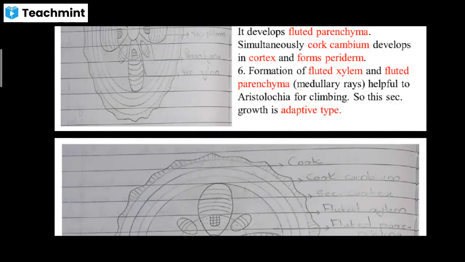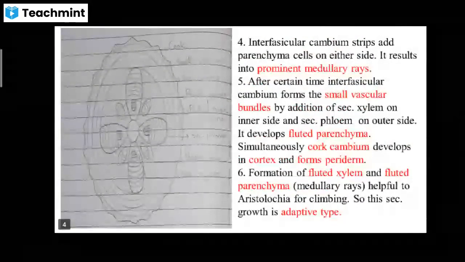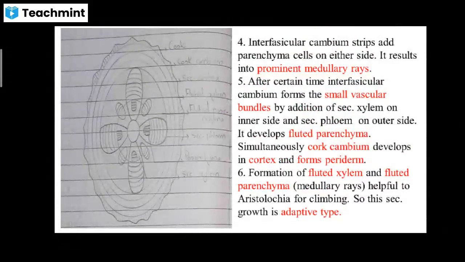Here there is abnormal activity of the cambium rings. Due to this abnormal activity, the interfascicular cambium adds parenchymatous cells at the inner sides or the outer sides of the cambium ring, and also some medullary rays are developed there.